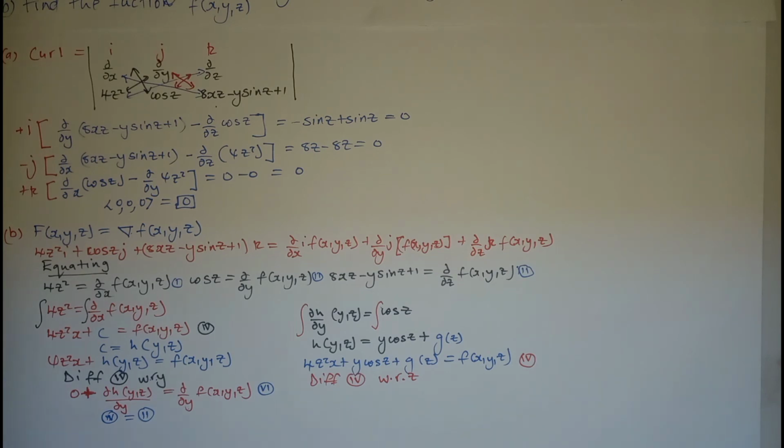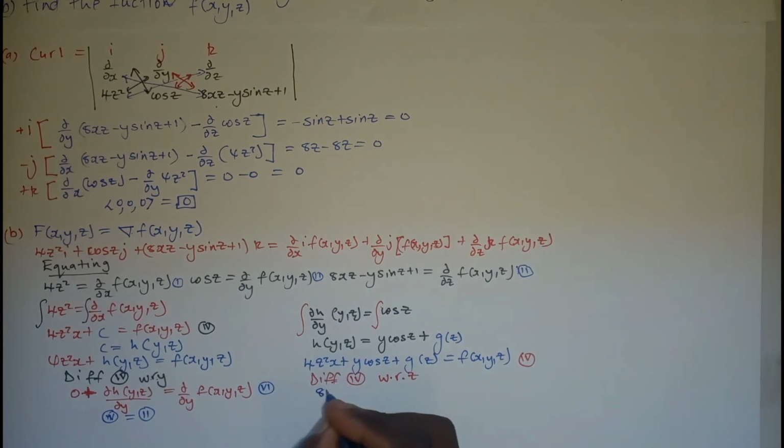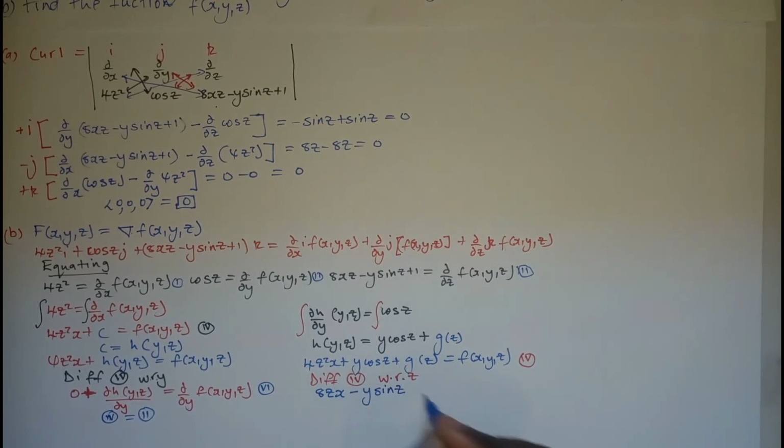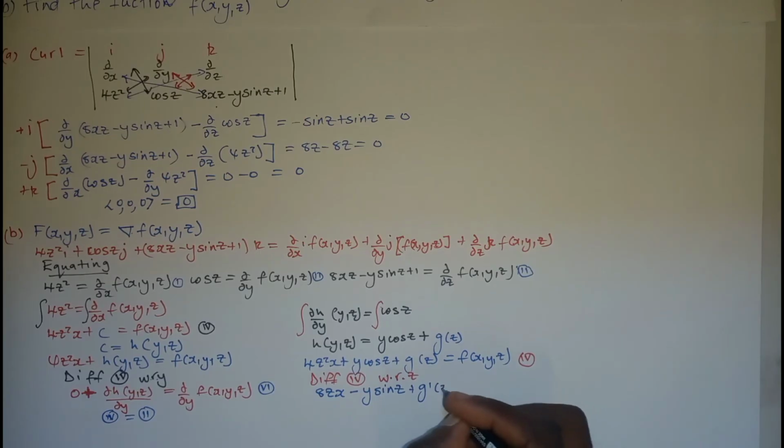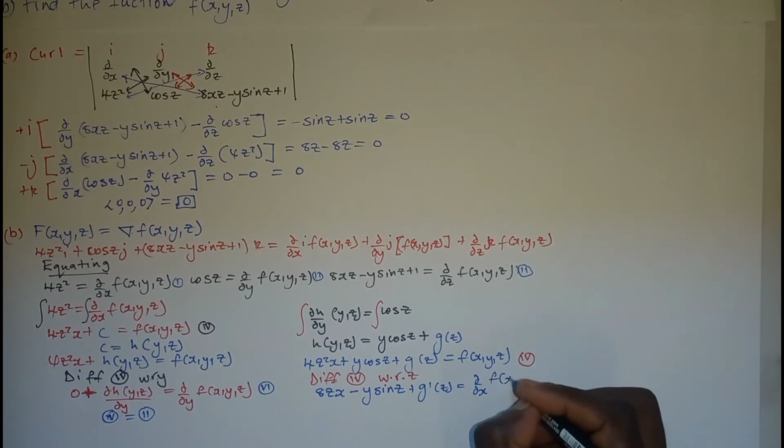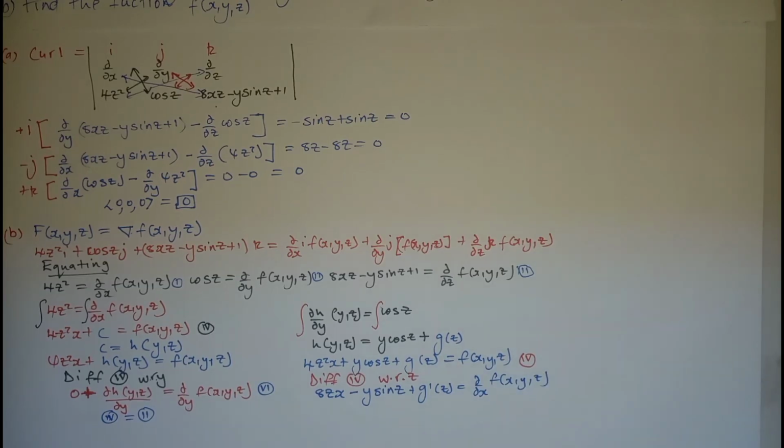If we do that, what I'm going to have here is 8zx minus y sine z, the derivative of course, plus g prime of z, which is partial g over partial z. This is going to give us partial z of f x y z. Now it's time we equate again.